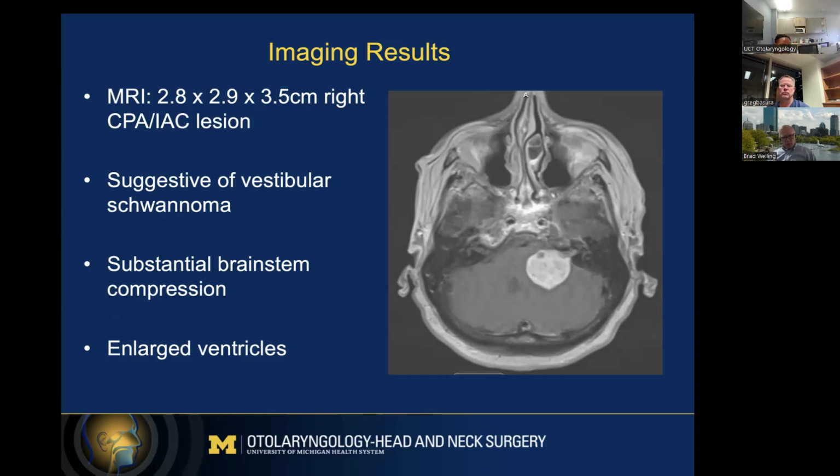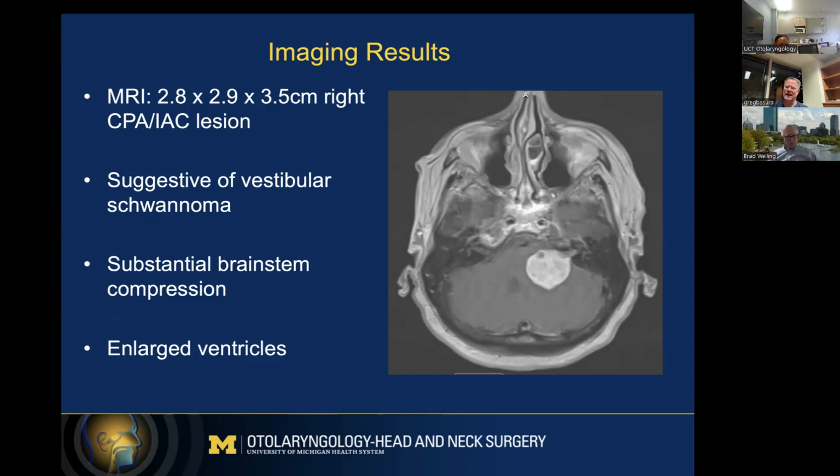No, not really. You can have a cholesterol granuloma. Is that a common location for a cholesterol granuloma within the CP angle? Not really. So where are they more commonly located? In the petrous apex.